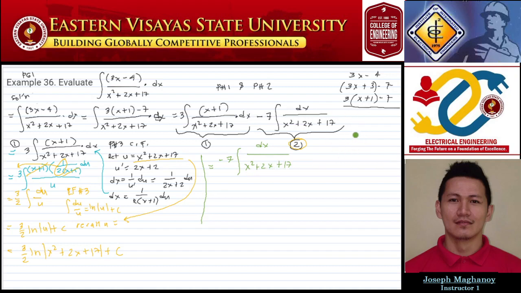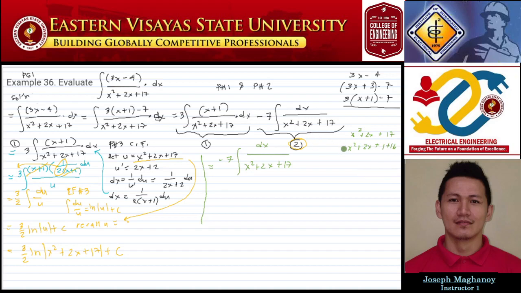So we can rewrite x squared plus 2x plus 17 to x squared plus 2x plus 1 plus 16.